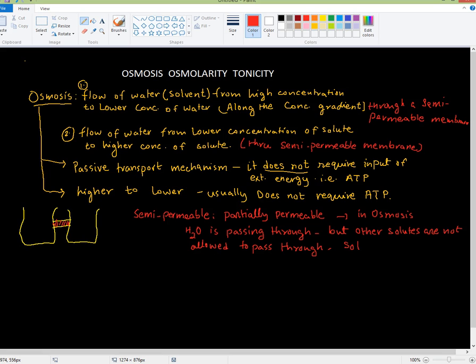They're not allowed, okay? So solutes are stopped by the membrane.